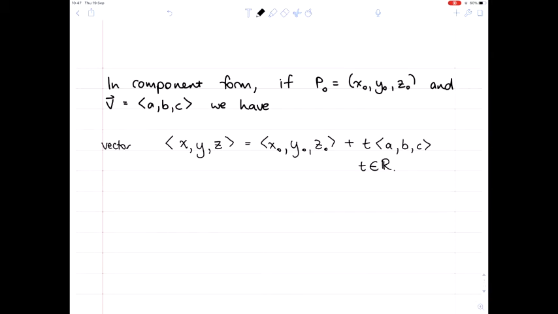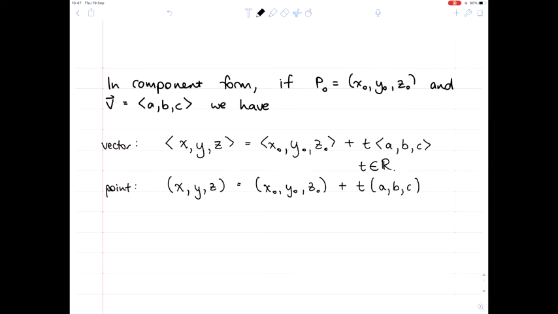We could also think about this in point form, just slightly changing notation. The point on the line, the point x, y, z, is found by taking the point x naught, y naught, z naught, and adding some scalar multiple of the point a, b, c.